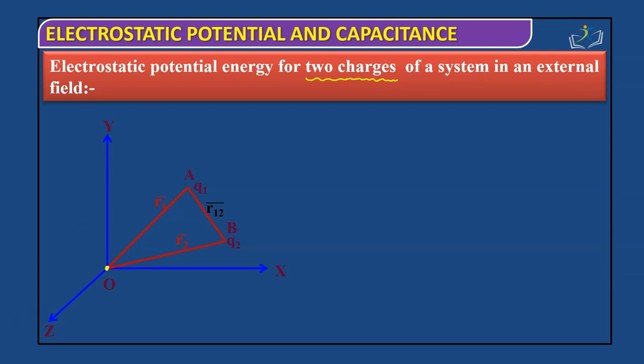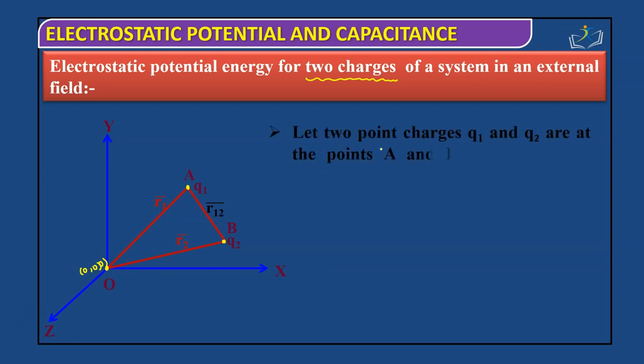At the origin point, the value is 0, 0, 0. At point A there is a charge Q1 and there is a charge Q2 at point B. From the origin, Q1 has a position vector R1 and Q2 has a position vector R2. The relative distance between them is the vector R12.